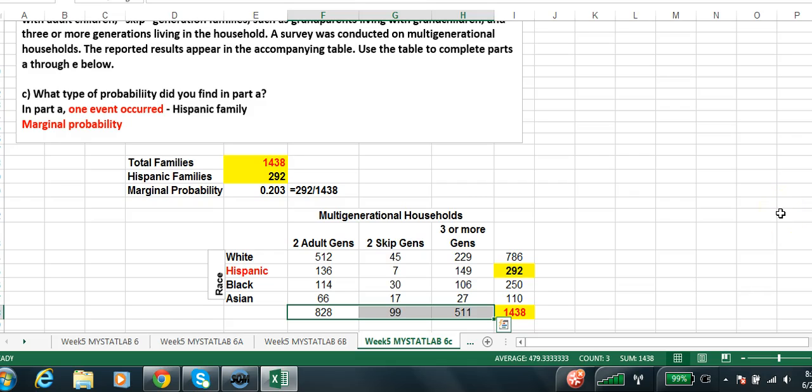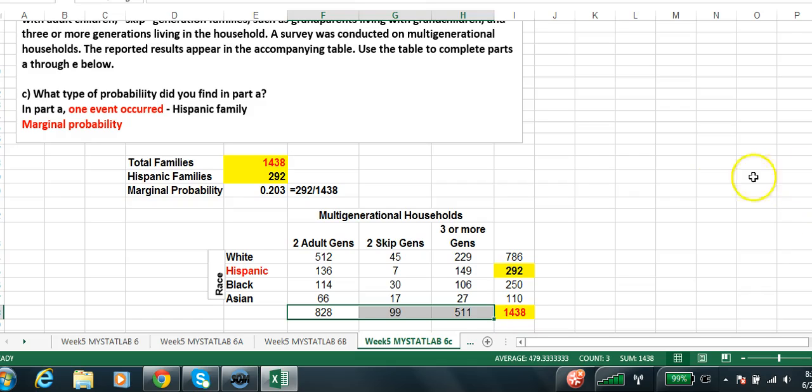Next, we asked, what type of probability did you find in part A? Again, as we discussed, 1 event occurred. 1 trait was identified. We identified the probability that a multi-generational family identified as Hispanic. This is known as a marginal probability, 1 trait or 1 event.